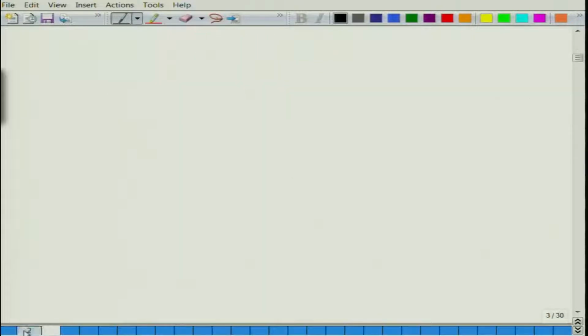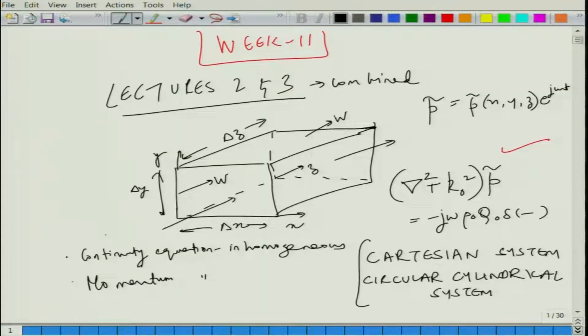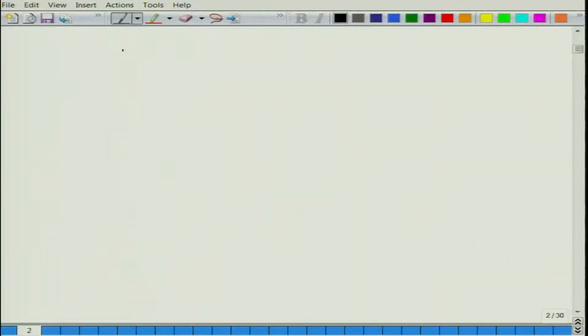So, let us just focus to begin with on this particular face which I am shading, this rectangular face. Net mass flux that enters this face is rho w at z, and the one that leaves, and of course, this is delta x, delta y, and the one that leaves the other face is at z plus delta z into delta x, delta y.